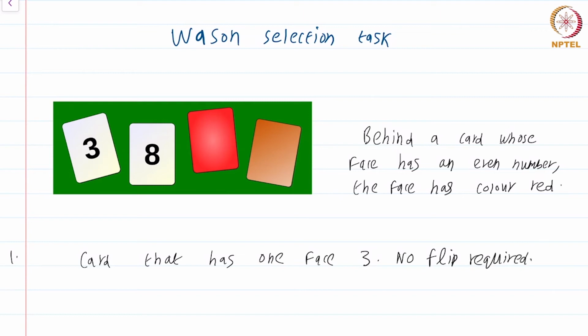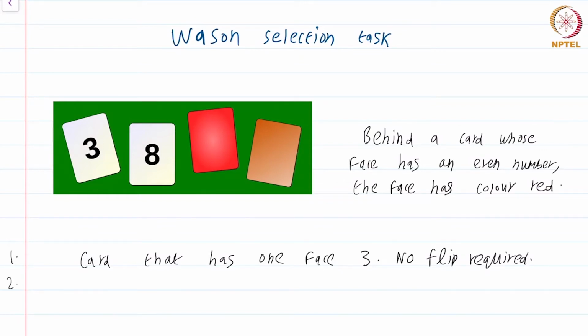Because if you look at the statement, behind a card whose face has an even number, the face has color red. That means the proposition is purely about those cards which have one face even number. The card that has face 3 is not an even number. Therefore, it doesn't matter what color is opposite this face. It's completely irrelevant to the truth of the given proposition.